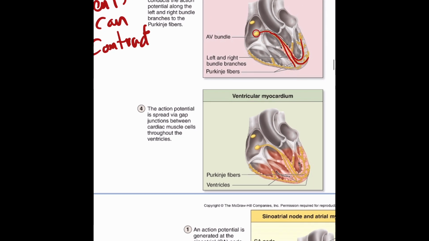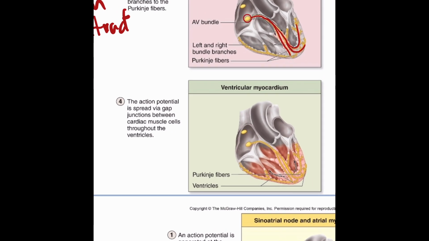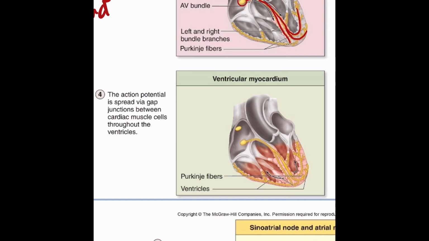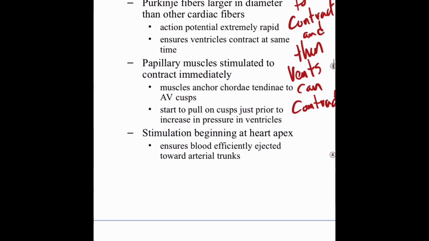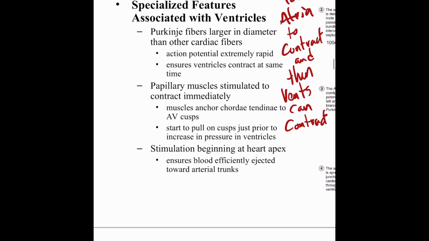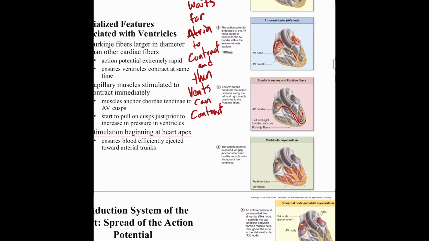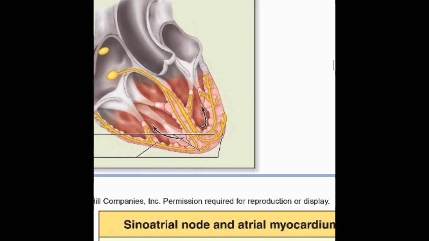And then here, the action potential, the same as in the atrium, was spread via gap junctions between cardiac muscle cells throughout the ventricles. And again, here, stimulation begins at the heart apex for the ventricles. That means it starts here. And again, the reasoning for that is that you want to push blood in this direction.